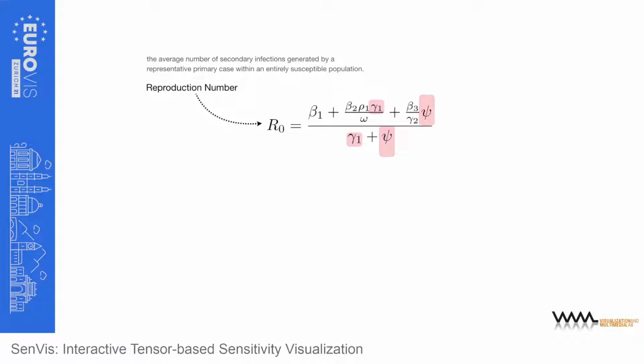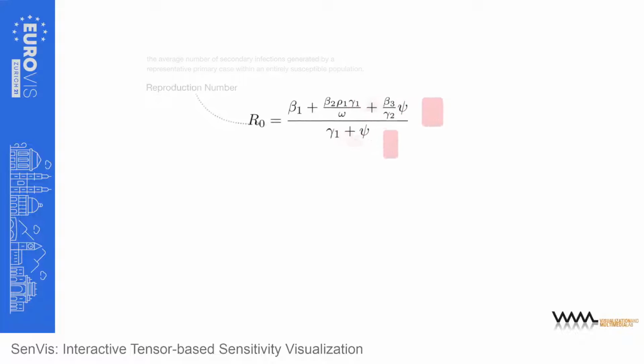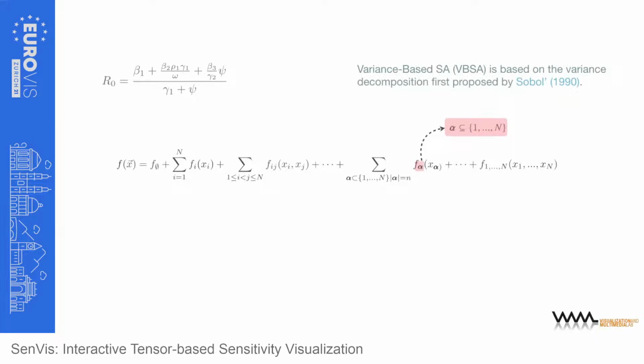So the question is how to numerically quantify the significance of each variable, and moreover, the significance of combinations of variables. The good thing is, this problem is well studied in terms of global sensitivity analysis, and variance-based sensitivity analysis proposed by Sobol is one of the most widely used methods.